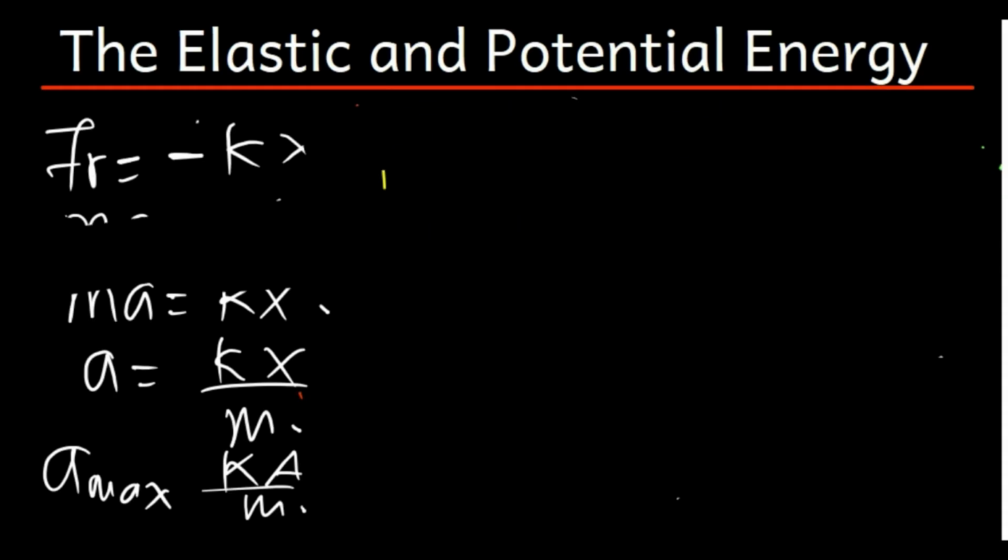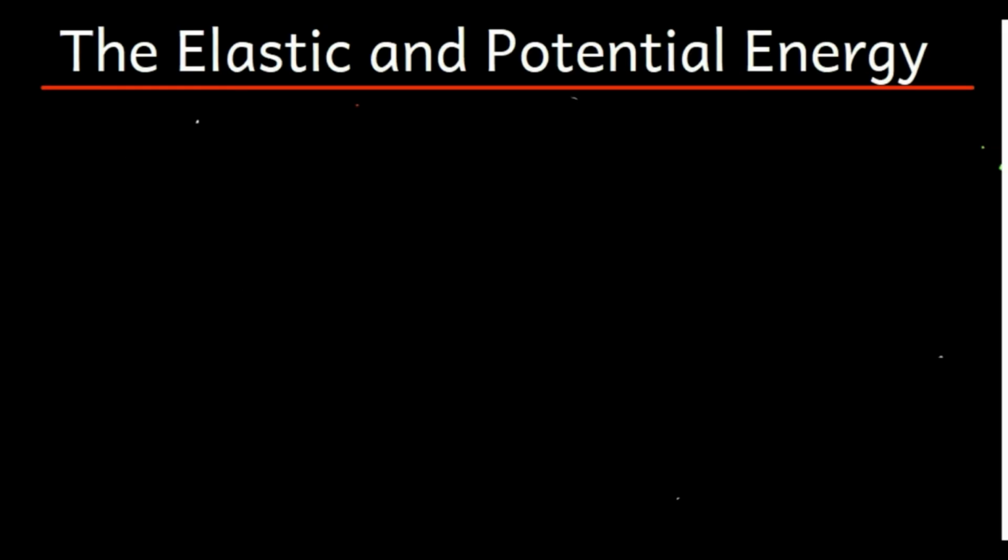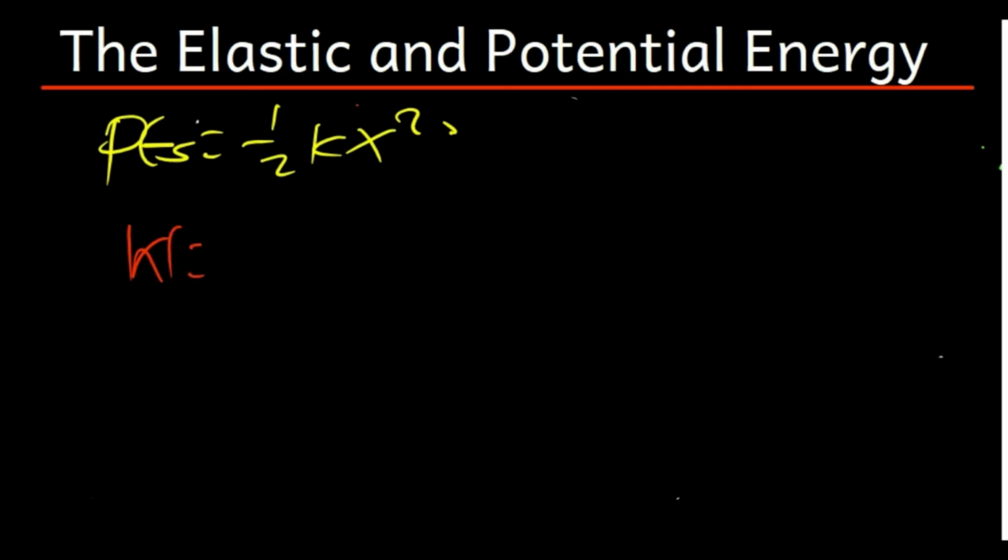We said the formula for elastic potential energy is a half kx squared. Now we are saying that work is the same as the elastic potential energy, because this is the energy which is being stored in the spring. So work is going to be equal to half kx squared as well.